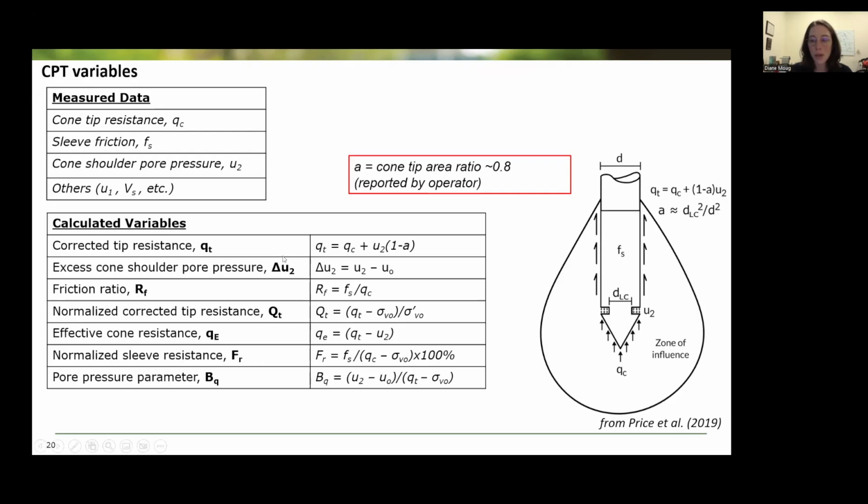These include delta U2, excess cone shoulder pore pressure, friction ratio, the ratio between sleeve friction and cone tip resistance, normalized cone tip resistance to account for effective stress and how cone tip resistance changes with effective stress, effective cone resistance, QE, normalized sleeve resistance, FR, and the pore water pressure parameter, BQ. These are all standard parameters we calculate from the measured CPT data that we use to interpret soil properties and soil behavior type. So this is here for your reference.